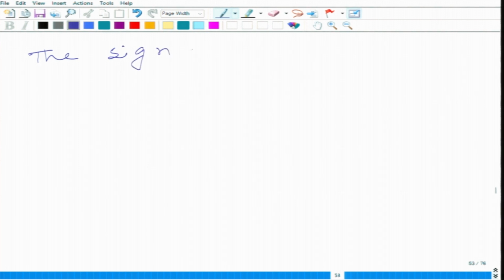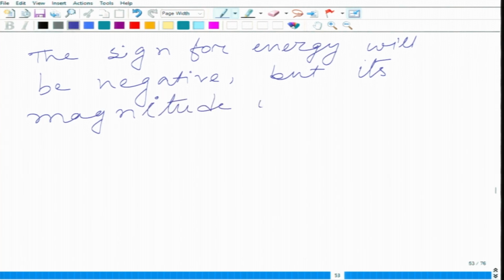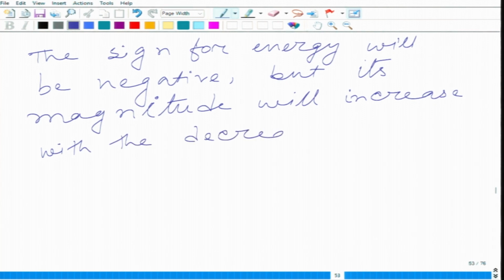So, for any orbit, the sign for energy will be negative, but its magnitude will increase with the decrease in n, right?